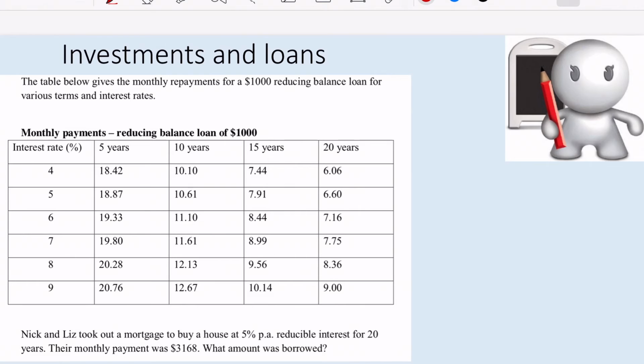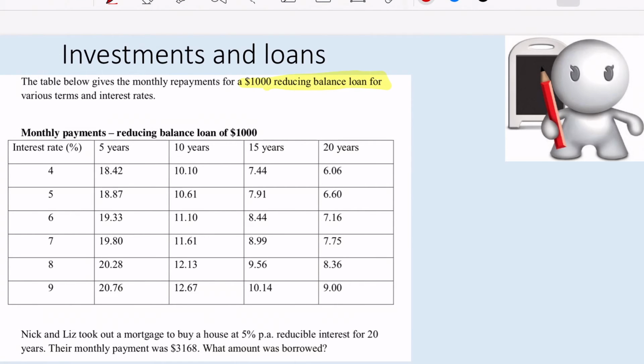Okay, so this is another loan question, and what we have here is your ability to be able to interpret these types of tables. Okay, so let's read, and it says the table below gives the monthly repayment for $1,000 loan, reducing balance loan.